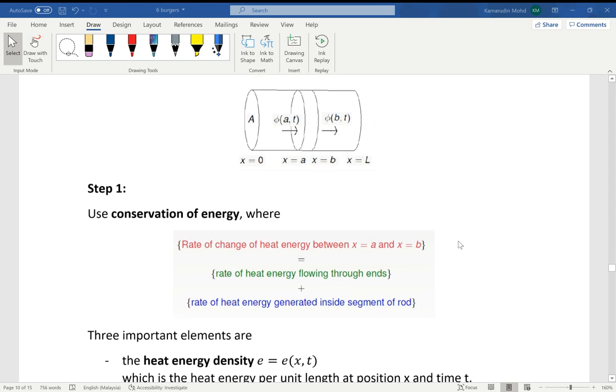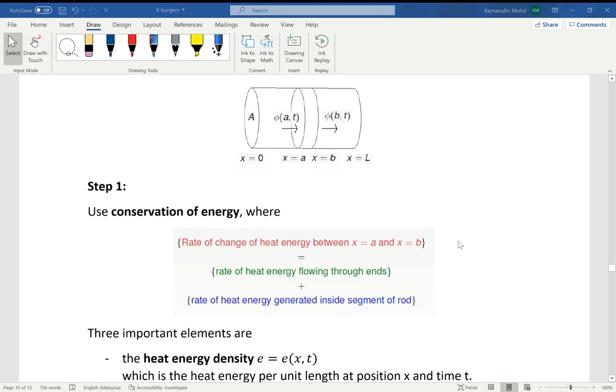Okay, so there are three elements in the conservation law principle. When we consider the quantity as heat energy, then on the left, we will have the rate of change of heat energy, in this case between x equal to A and x equal to B. And then on the right, we have two terms.